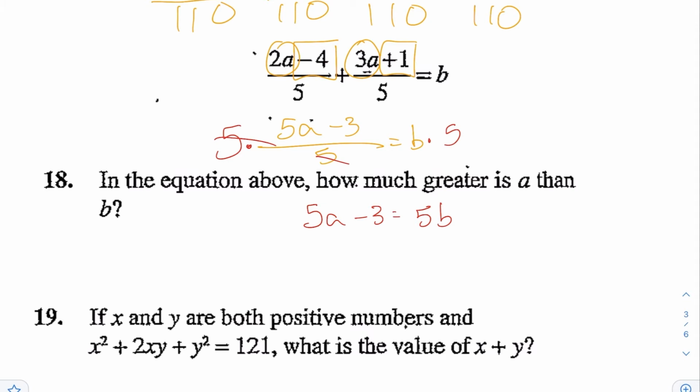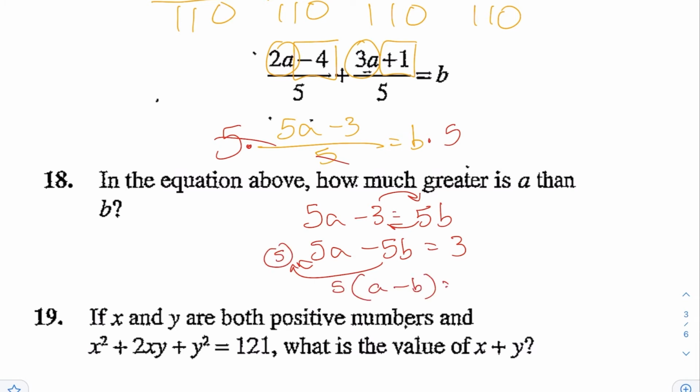And from here, you can add 3 to both sides and subtract 5b. So just do some rearranging. And the reason why you could do this is you can factor out a 5. So you have 5 times a minus b is equal to 3.